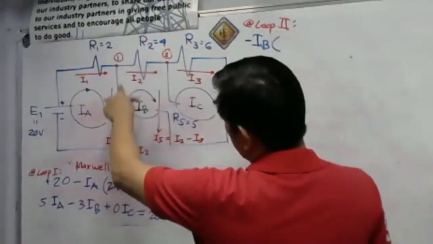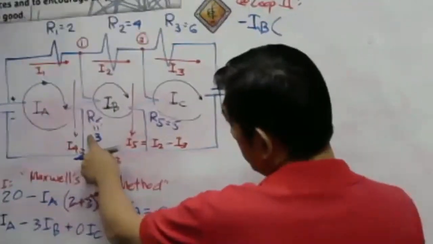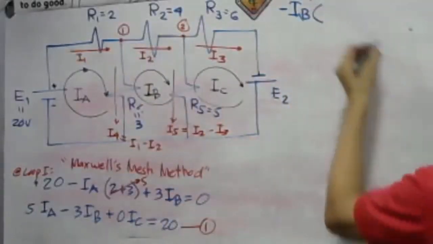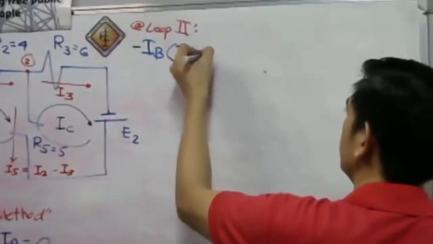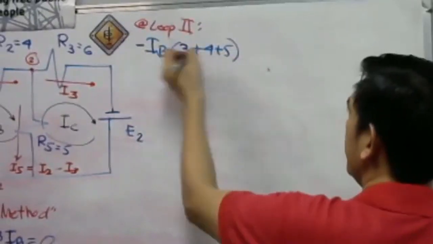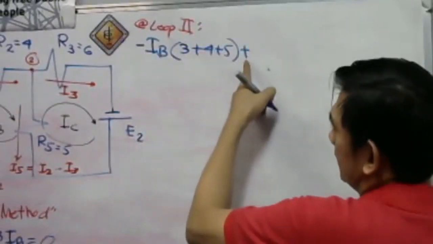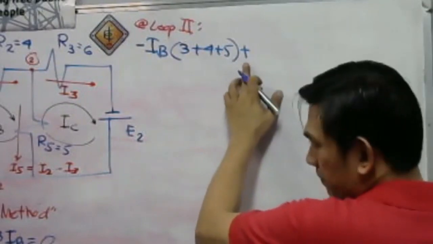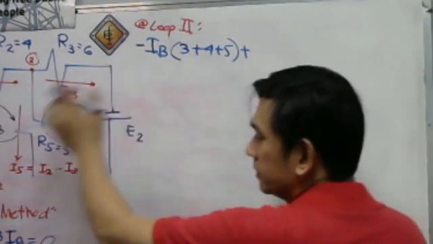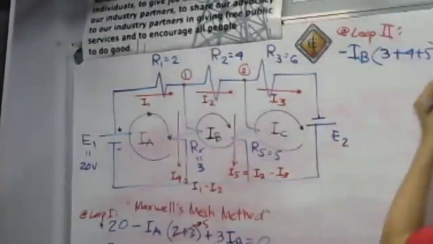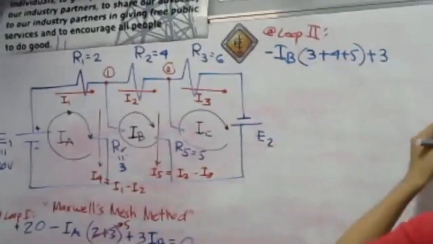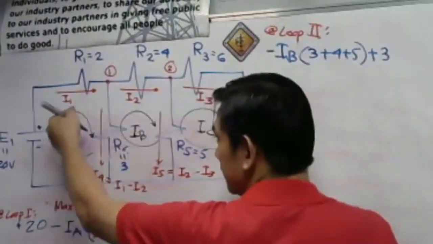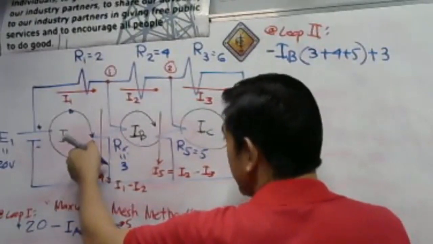We have 3 plus 4 plus 5, and then plus, make it plus right away, multiplied by the common resistor, which is 3, multiplied by the adjacent circulating current, IA.